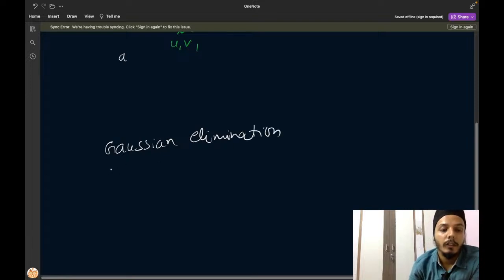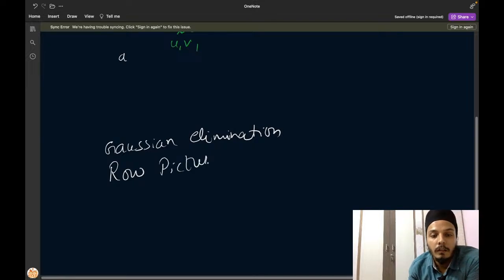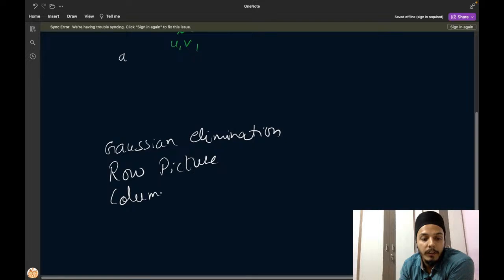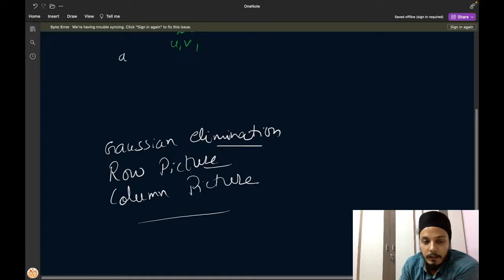Then we saw what the row picture is, and we saw the column picture. As we progress further in our lectures, all three will become clear.